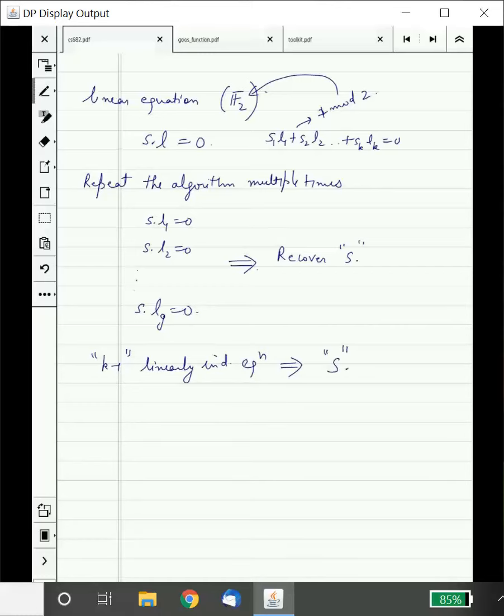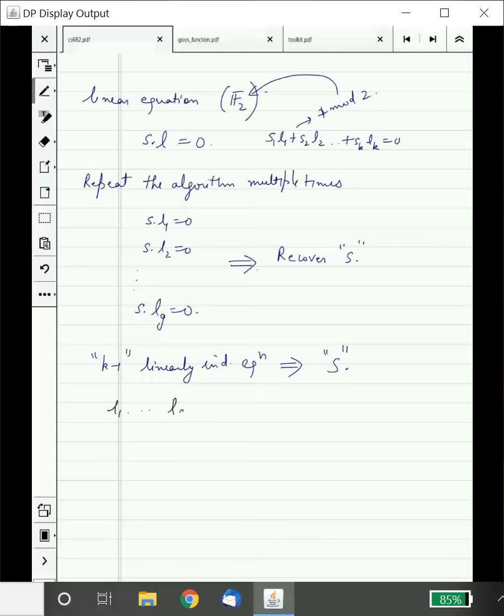Great. So every time we did this step of making an equal superposition, querying, measuring the second register, then applying the Fourier transform, every such iteration gives us an L such that S dot L equal to 0. And each L appears uniformly here. Now if we repeat it, we will get L1, L2, LG, and so on.